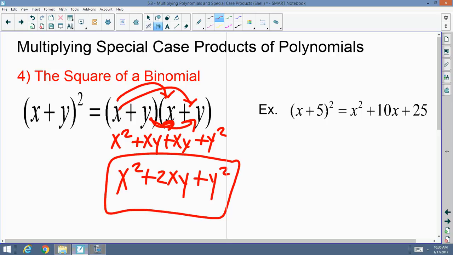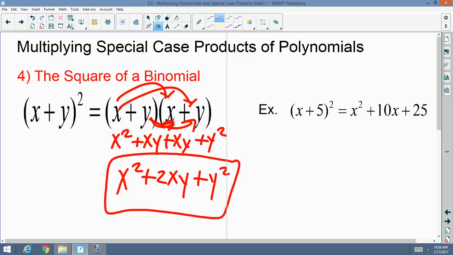That is the pattern that you are going to get every single time that you square a binomial. It doesn't work if you square a trinomial. It doesn't work if you're cubing a binomial. But it works if you're squaring a binomial.